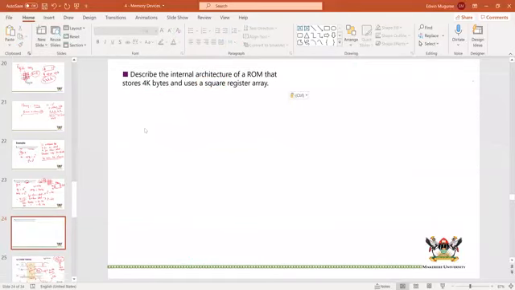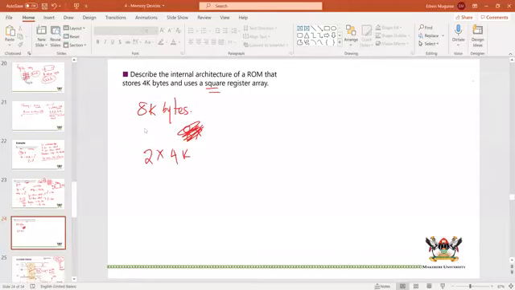What if it was, instead of 4, 8K bytes memory? It would no longer be a square register array. The best way to do this would be 2 times 4K, so that you have some kind of square root that you're looking at.